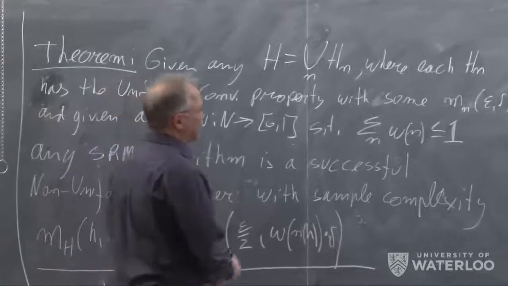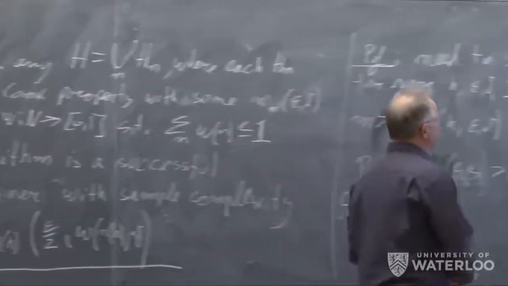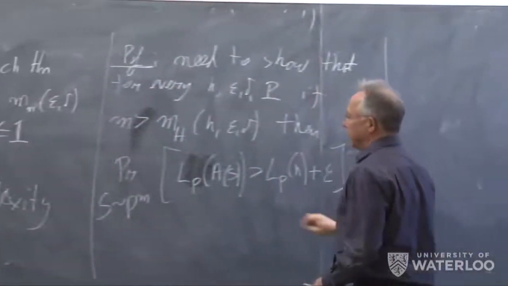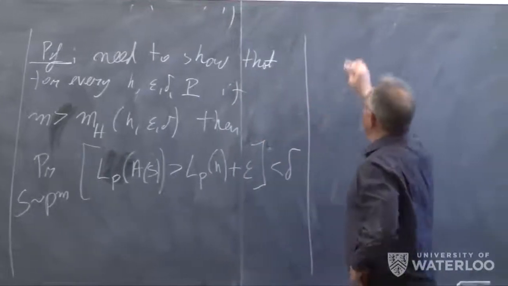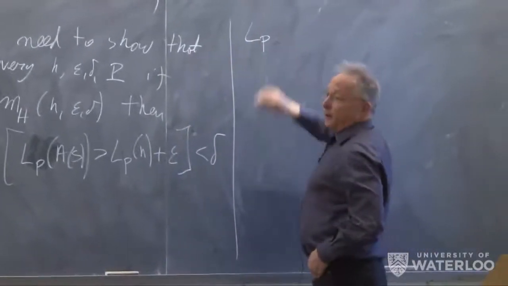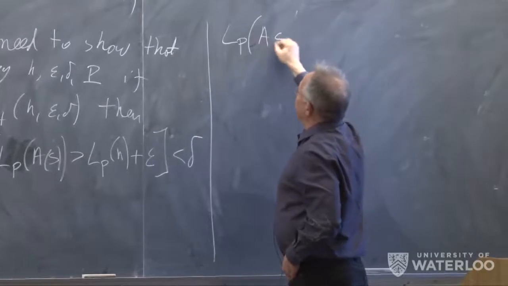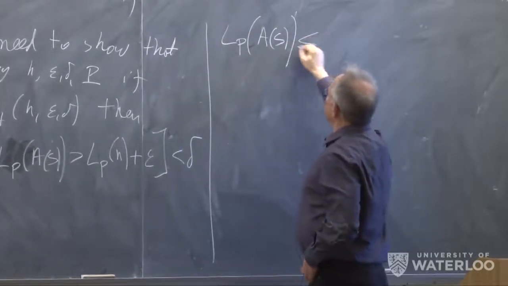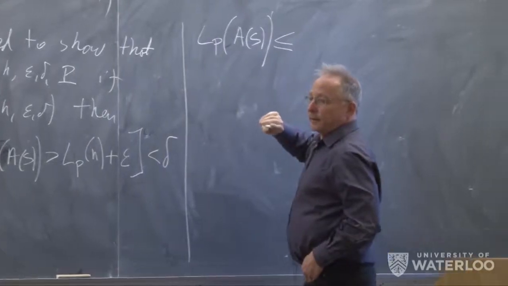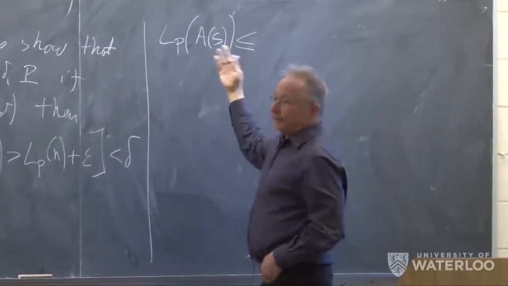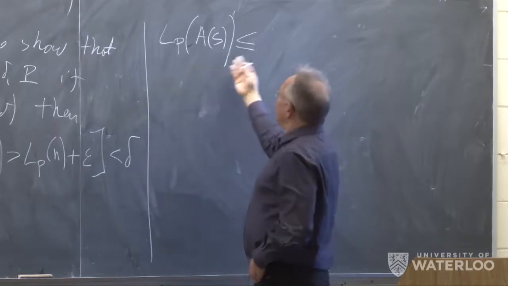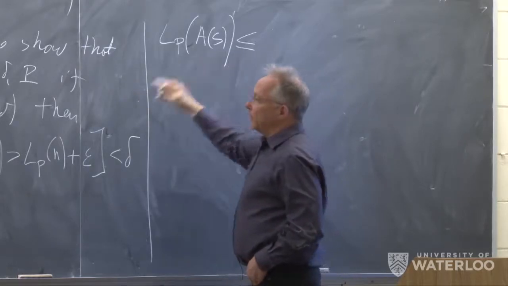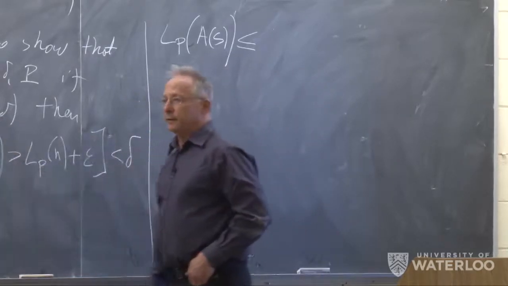So my algorithm, the true error L_P of what my algorithm picks, is at most, since it minimizes this bound, the value of this bound for the h that I want to compete with.